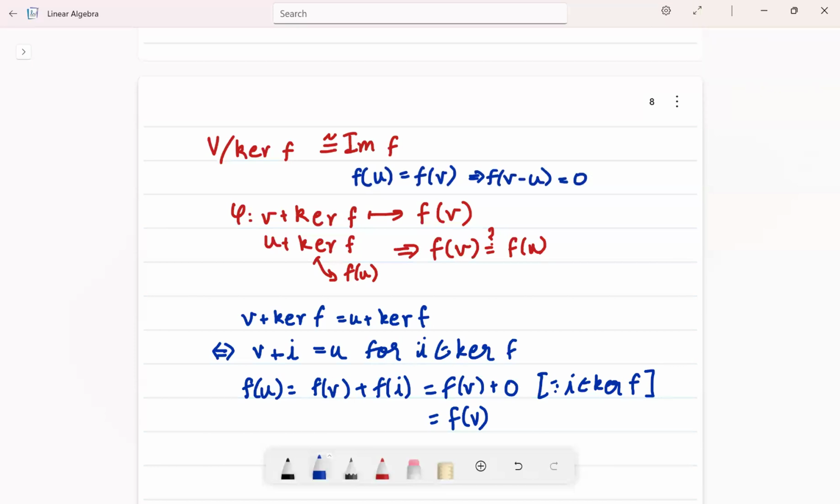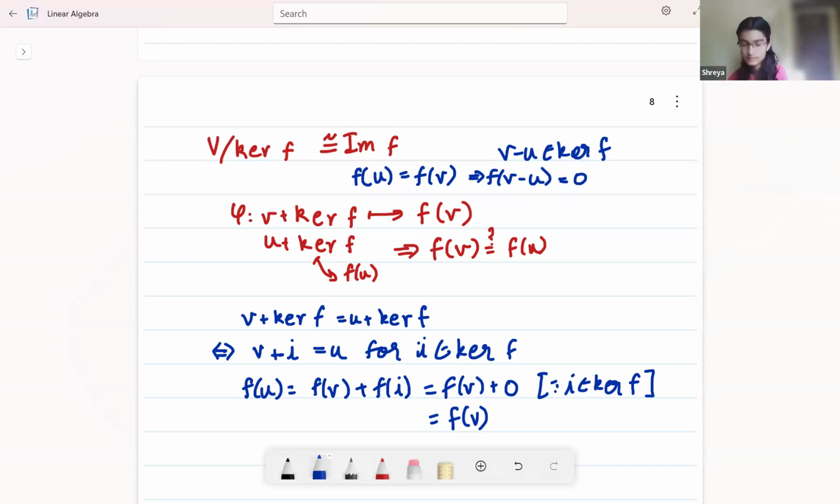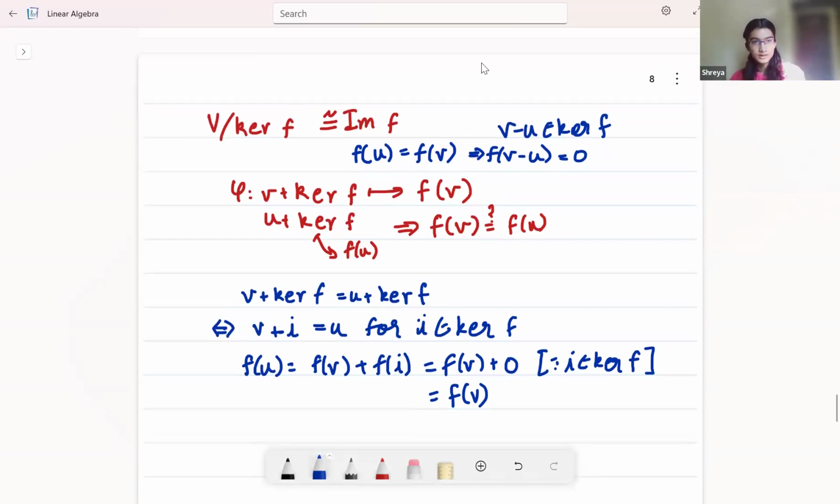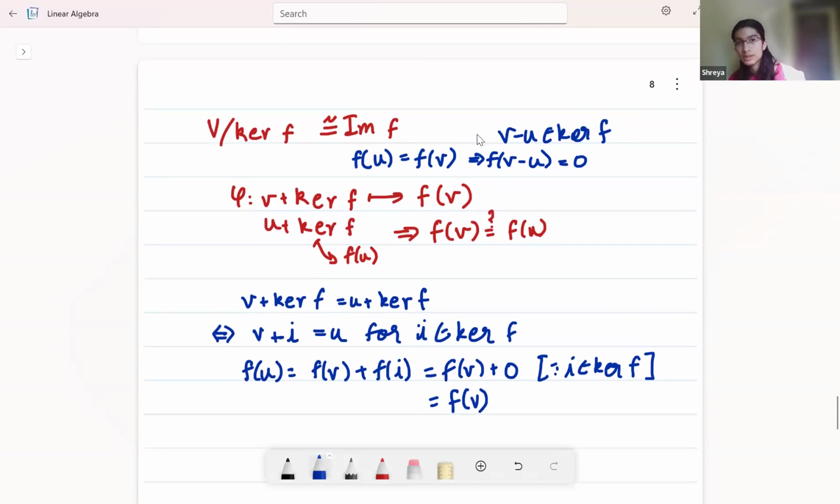So v minus u belongs to the kernel, and therefore the two sets are equal. That's correct. So we proved that it's bijective.